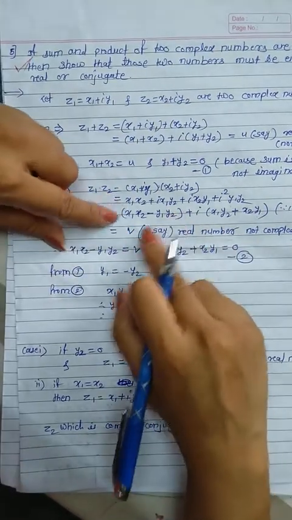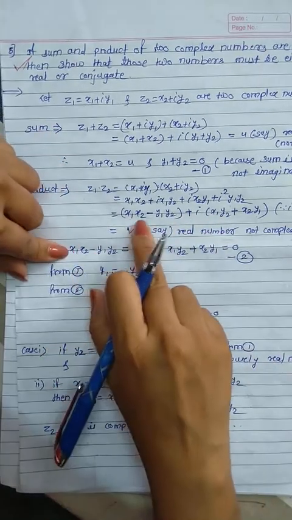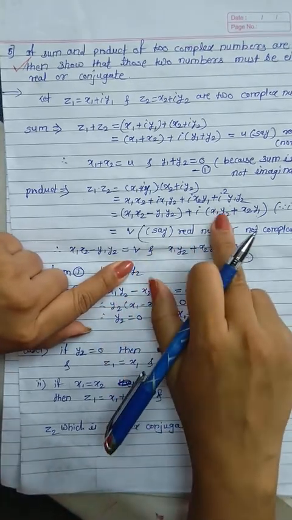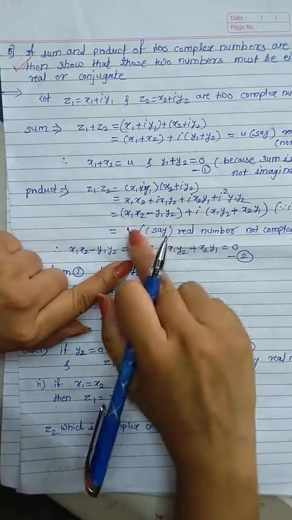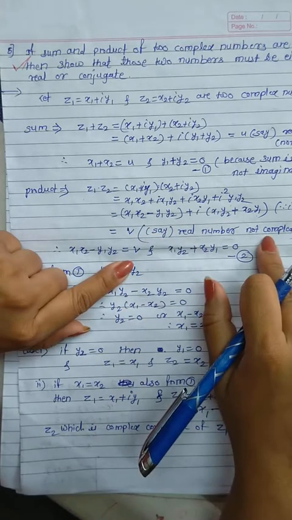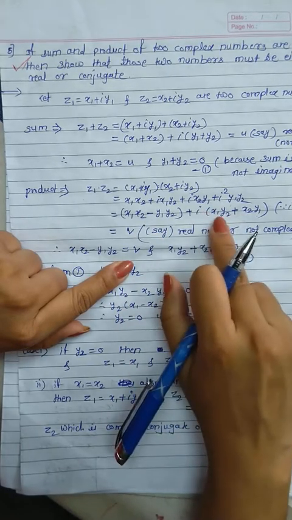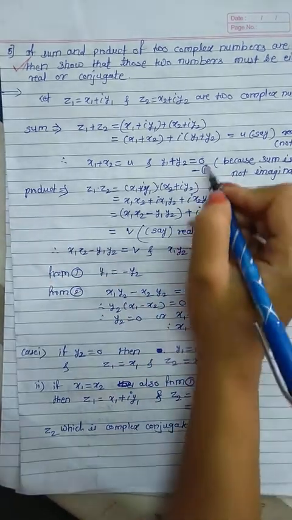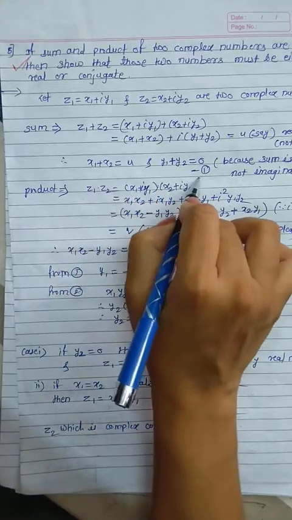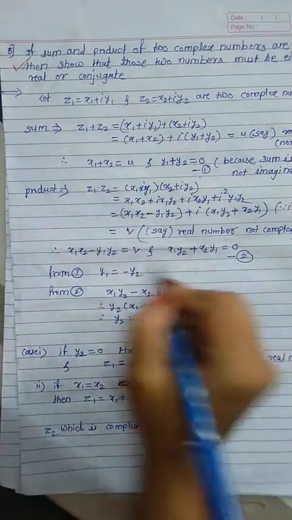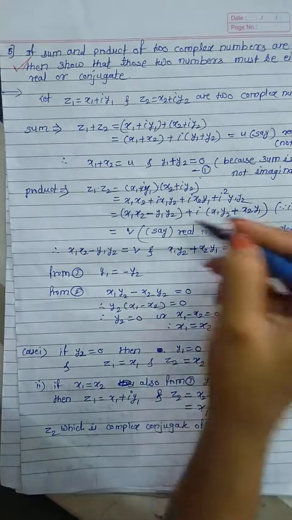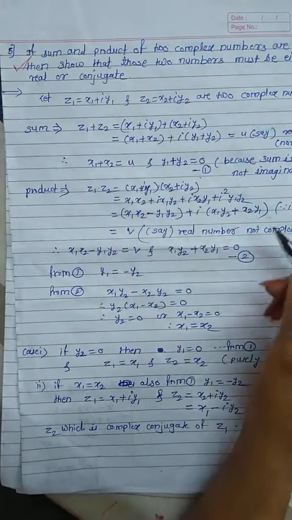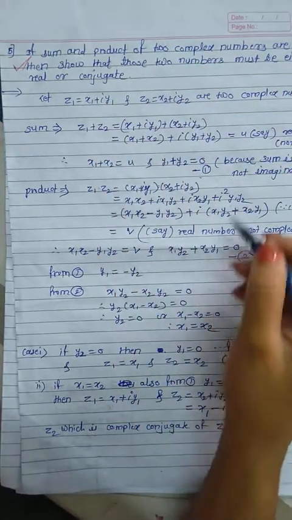Therefore comparing these two also, we get x1 x2 minus y1 y2 becomes v, and this term doesn't contain i because it is not complex, as given. Therefore x1 y2 plus x2 y1 becomes 0. Now the first equation we get from this given thing is this, and the second equation is this. Now we have to solve these two equations to prove our question.